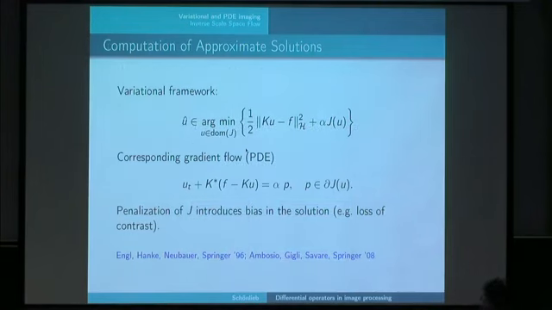And so in this scenario, we can again have these two different points of view, the variational framework and the PDE formulation of this, where I'm stating here that this is the corresponding gradient flow to this variational regularization approach. But this really also holds for J being non-differentiable.